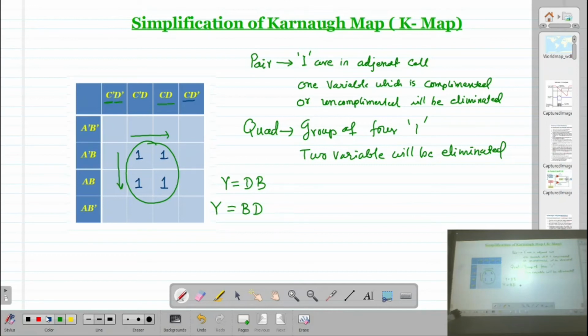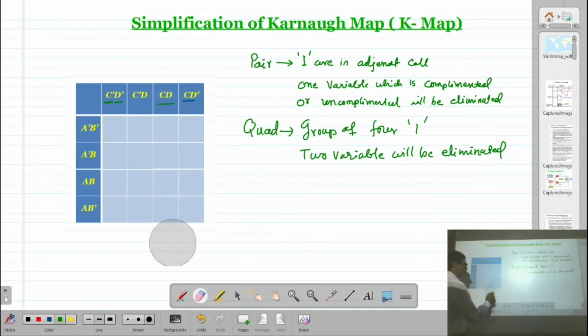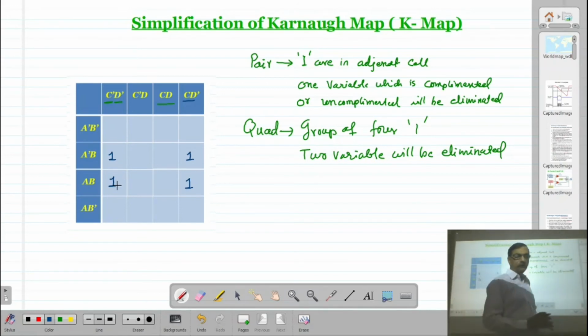Okay. Now sometimes, remember, if you have the high level here, here also, here and here, you will see that you don't find any quad. But actually it is forming a quad. So you can roll the Karnaugh map.